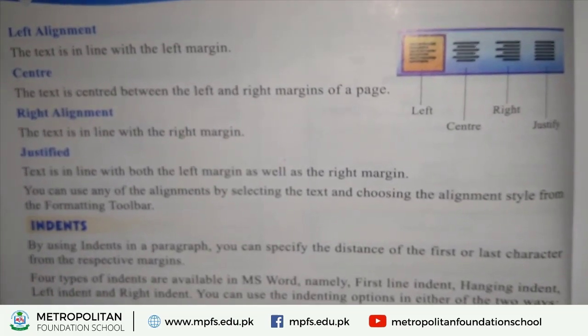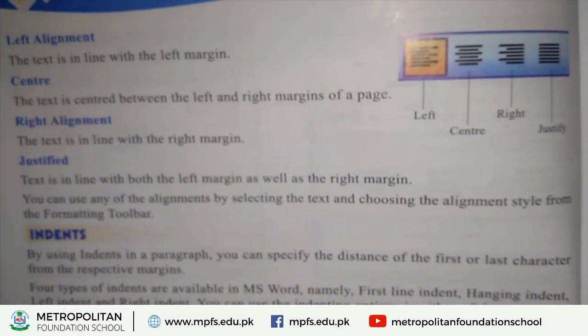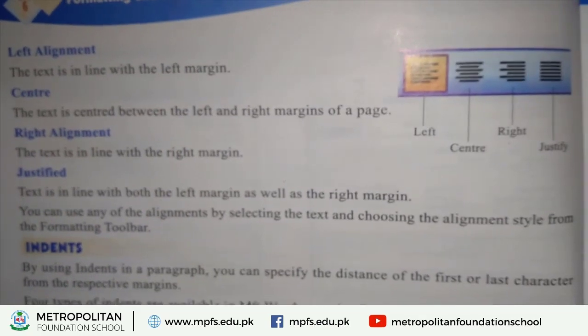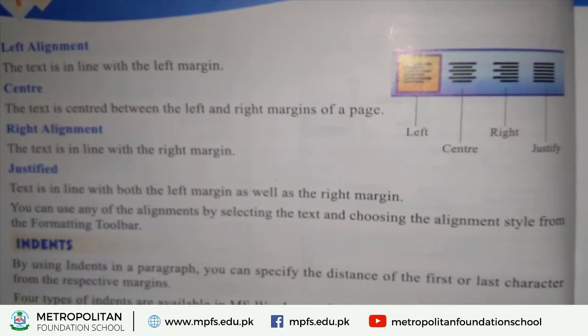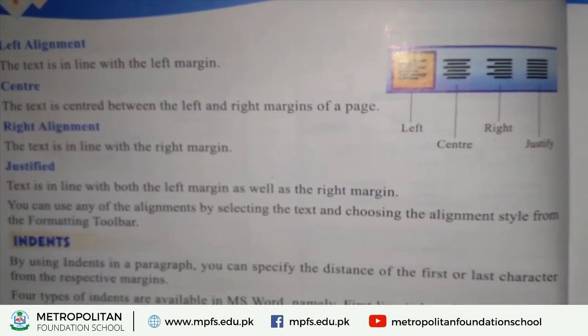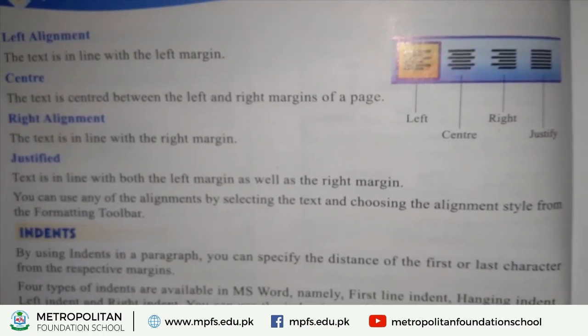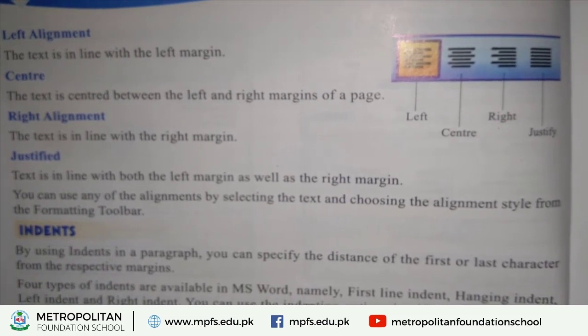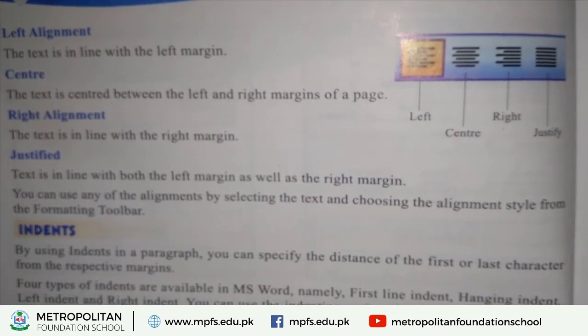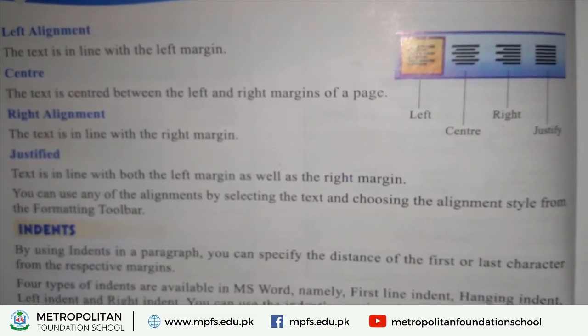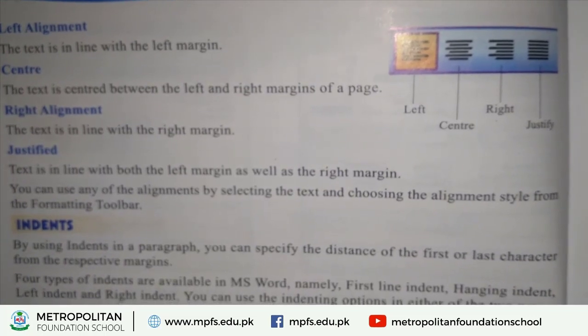Justified: the text is in line with both the left margin as well as the right margin. You can use any of the alignments by selecting the text and choosing the alignment style from the formatting toolbar.